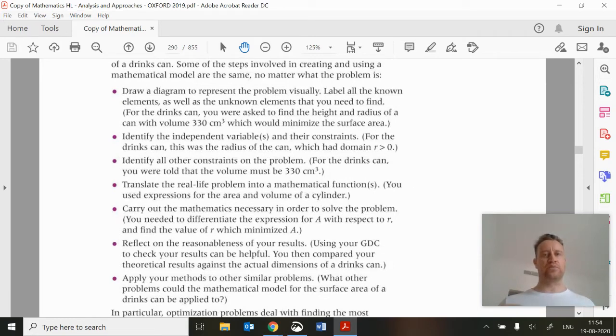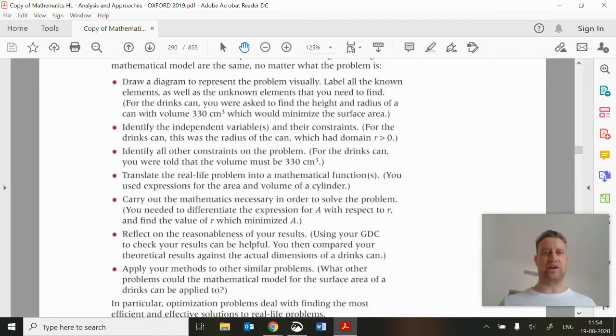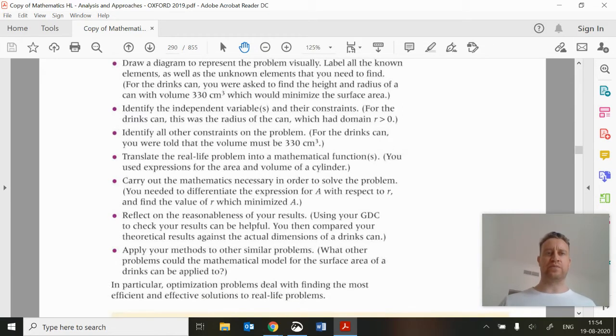And this is a little process of how to take you through an investigation: draw diagrams, represent the problem visually, identify variables, identify constraints on the problem, translate the real life problem, carry out the mathematics which is necessary, reflect on the reasonableness of your results, and apply your methods to other similar problems.